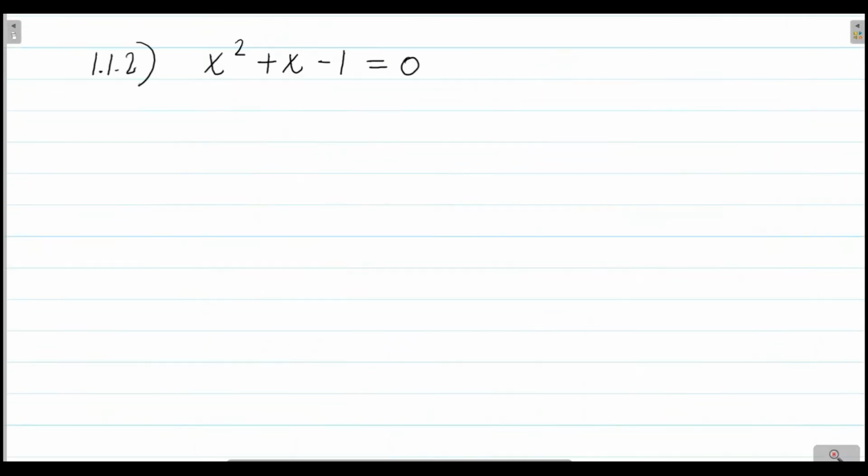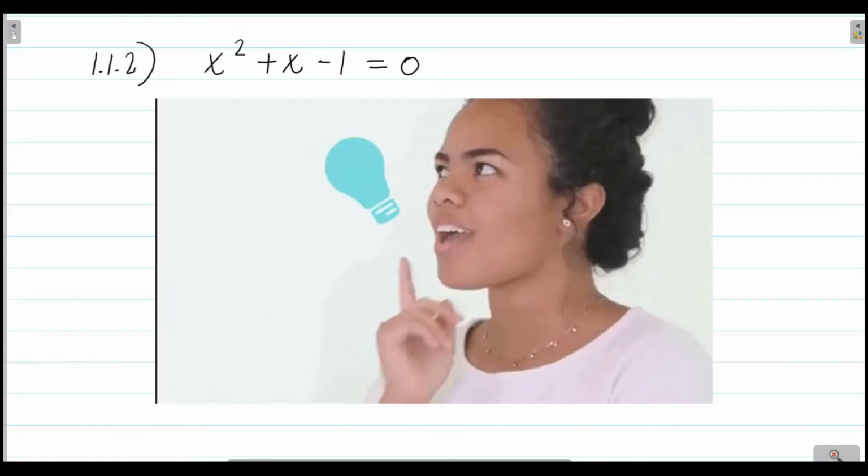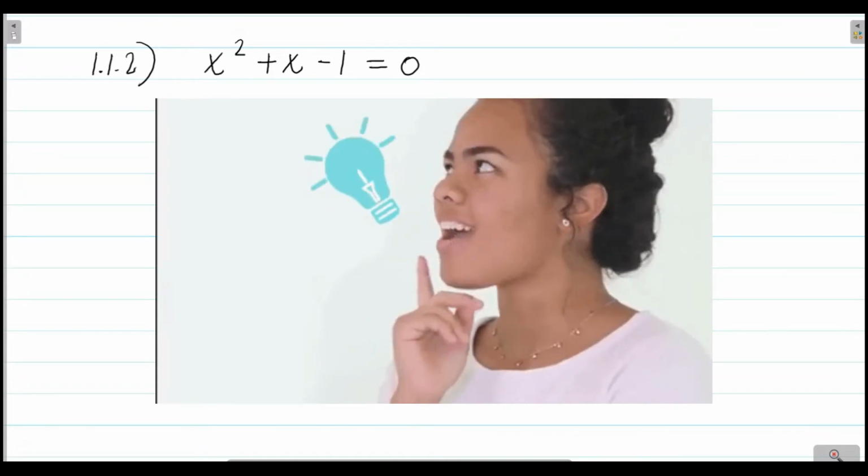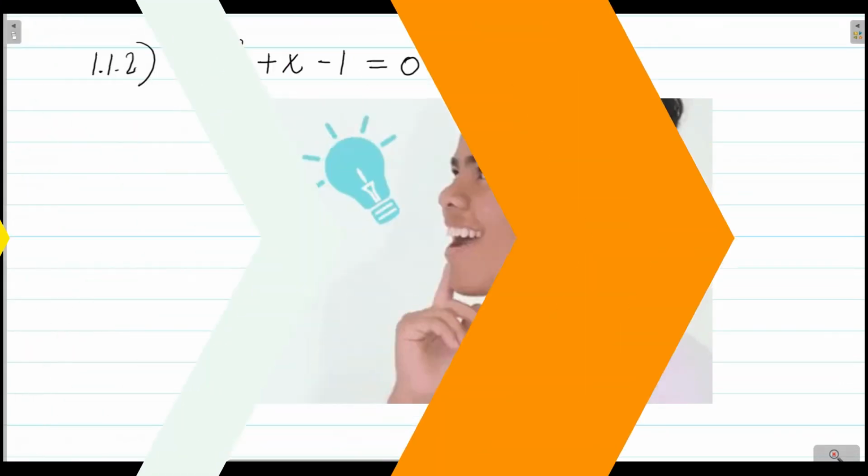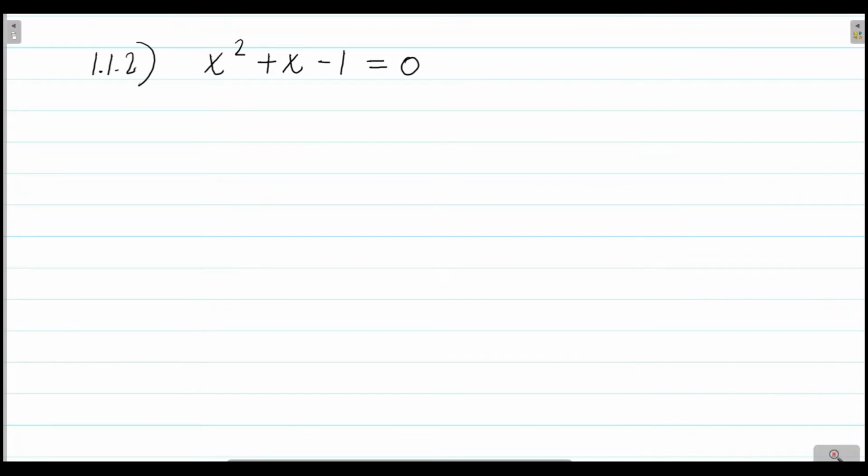So guys, if they say correct to 2 decimal places, that is the tip. There needs to be a light bulb moment that happens in your head, that you need to use the quadratic formula to solve this equation.